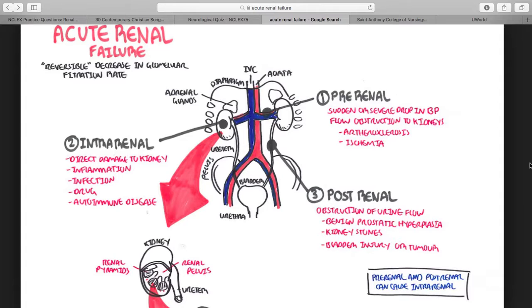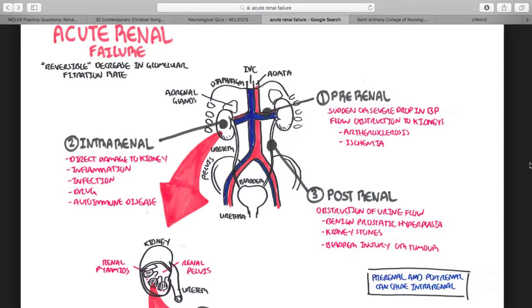So if your patient is receiving vancomycin or any of the mycin family, and they have obstruction within their kidneys, we need to make the provider aware and say maybe this isn't going to be the best for the patient at the moment.